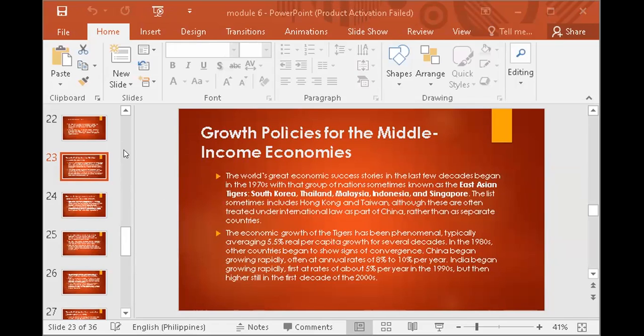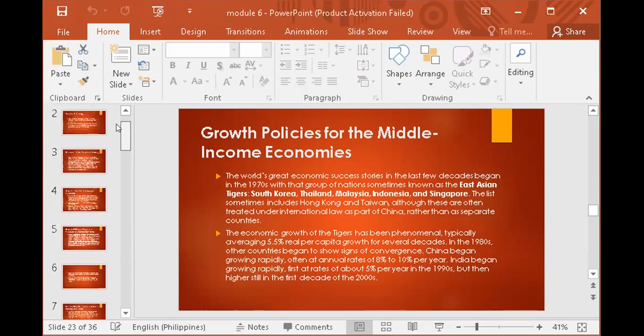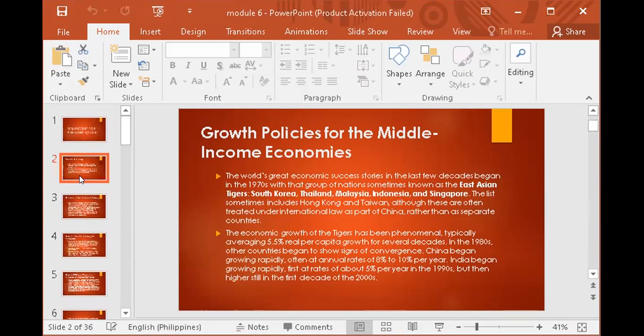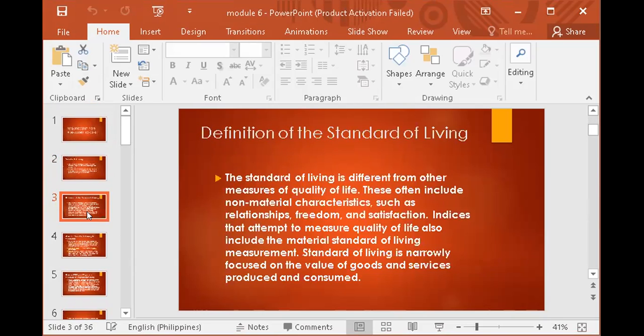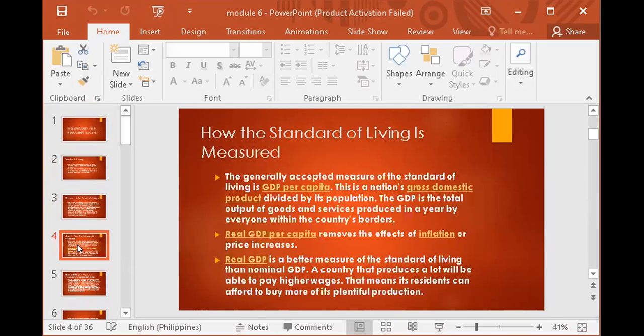And we have mentioned doon that not only doon sa quality of life, like for example, there is a peace going on, walang masyadong kaguluhan. There are standard of living measured through the output of the nation.